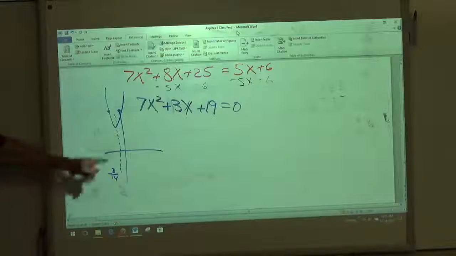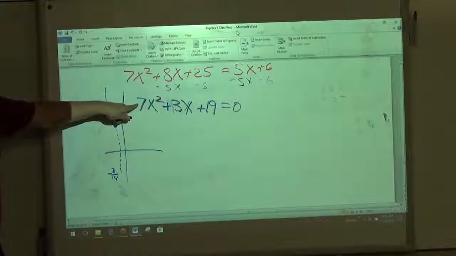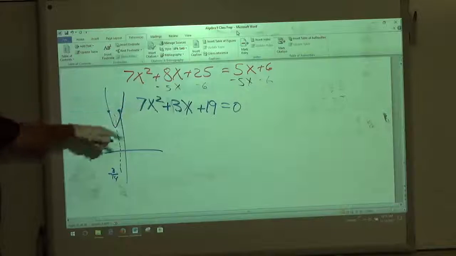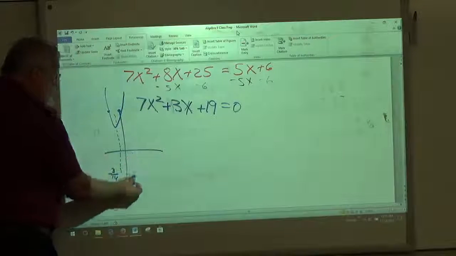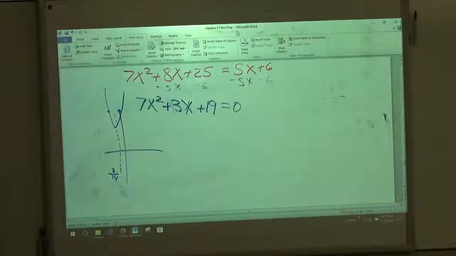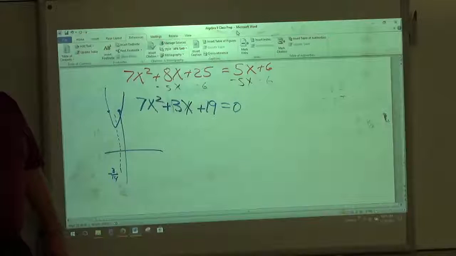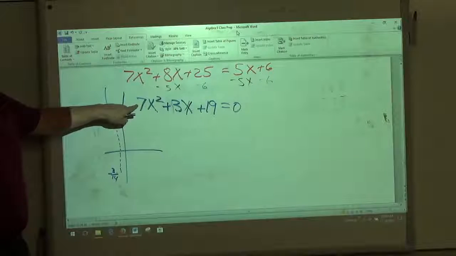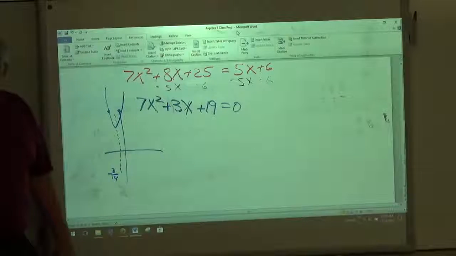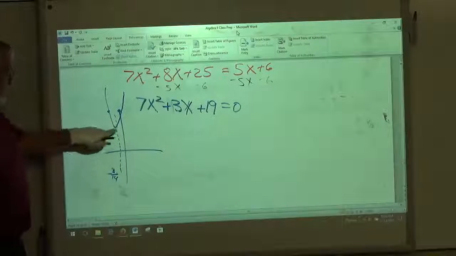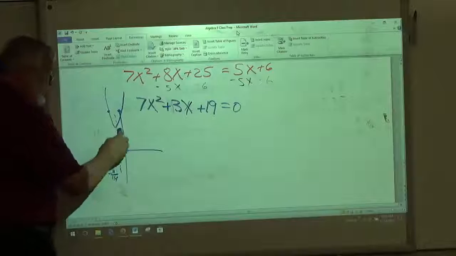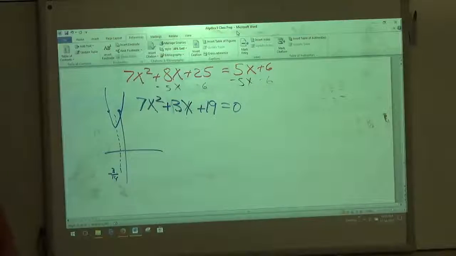Unless that's negative. If that's negative, then this thing would come down this way and it would have a solution. Because remember, it's negative 4 times AC. So if this 7 is negative, you'll have negative 4 times negative 7, which is plus. Then it would have a solution because the negative would flip this down and it would open down. All right, does that make sense?